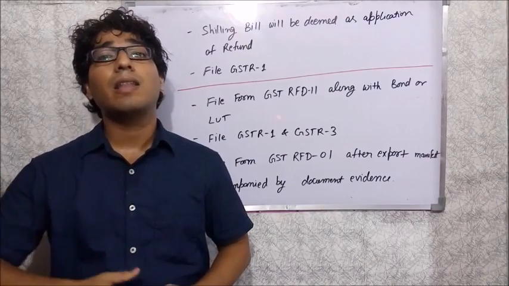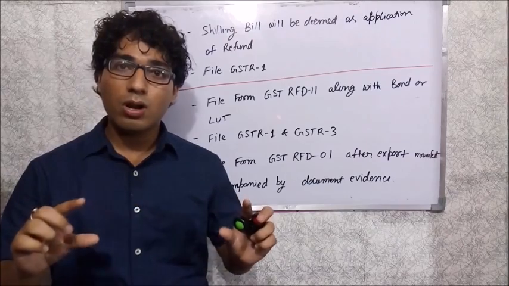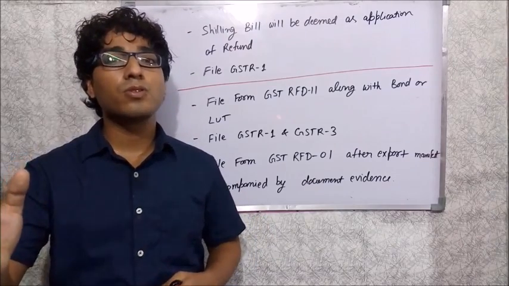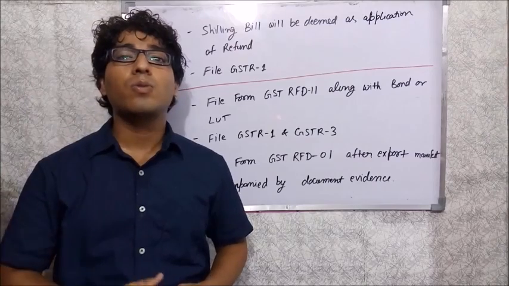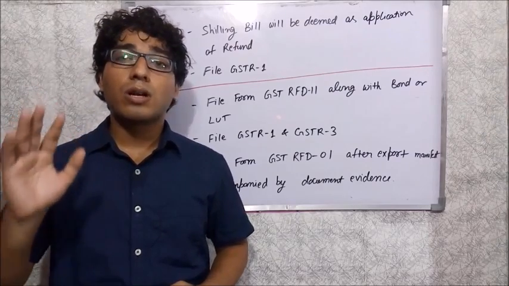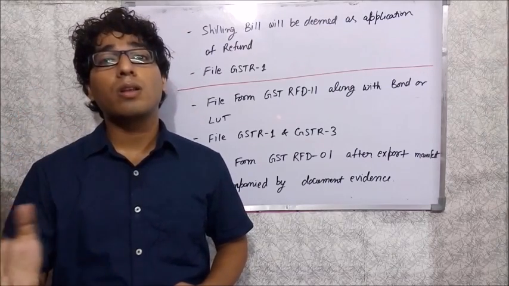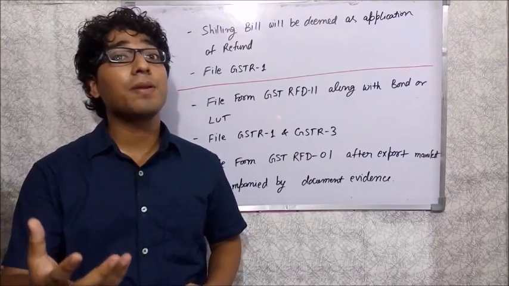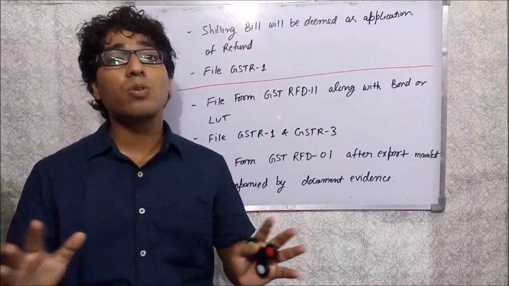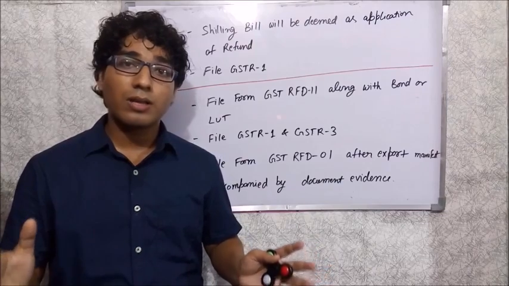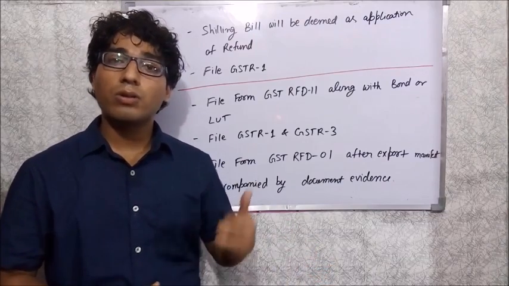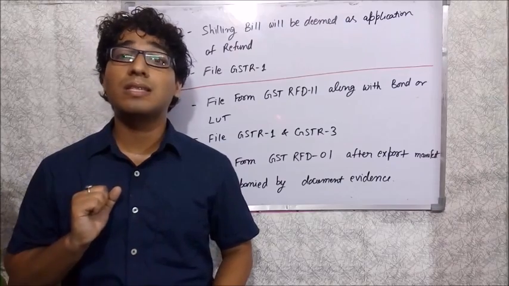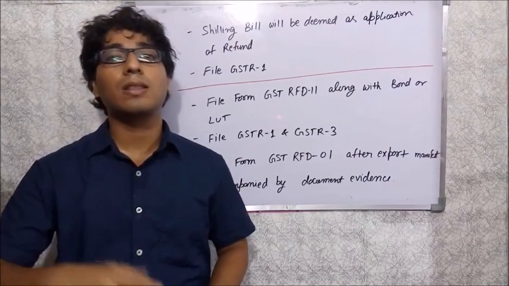When you fill in table number 6, the data of that table gets transferred to the customs department, to the customs software. The customs department will check that data against their report, because the customs department also has a lot of information about the export. So when you file GSTR 1, the customs department will check your information with their data.